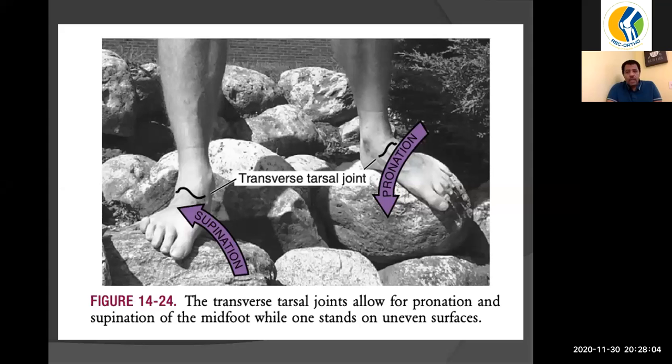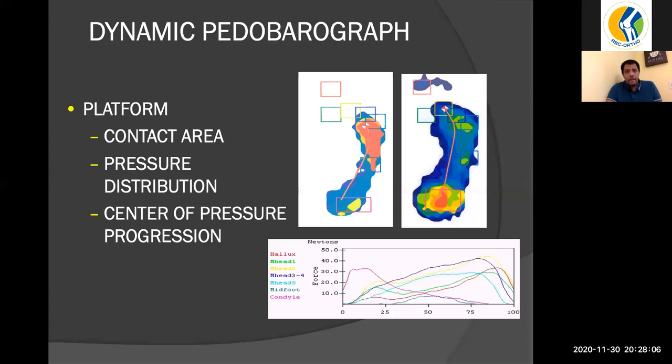So let's explain more. We are now using what we call dynamic video barograph. I don't think this is available in most centers. It helps to understand the biomechanics of the foot and ankle.